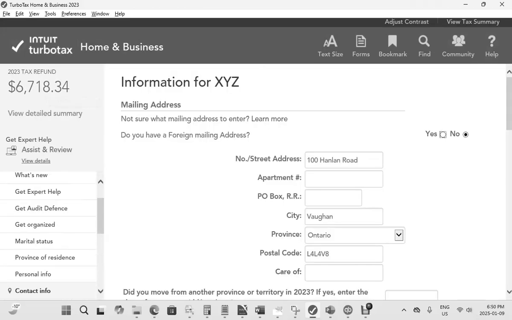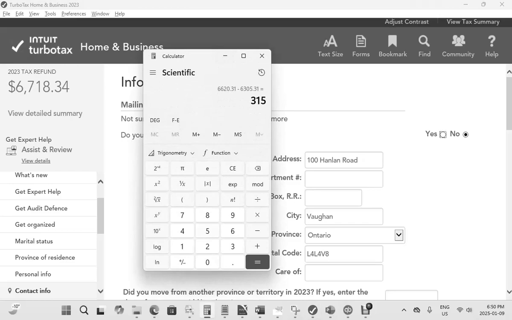Again, a difference of roughly $100, with the refund at $6,718.34, just by changing your income on T2125.